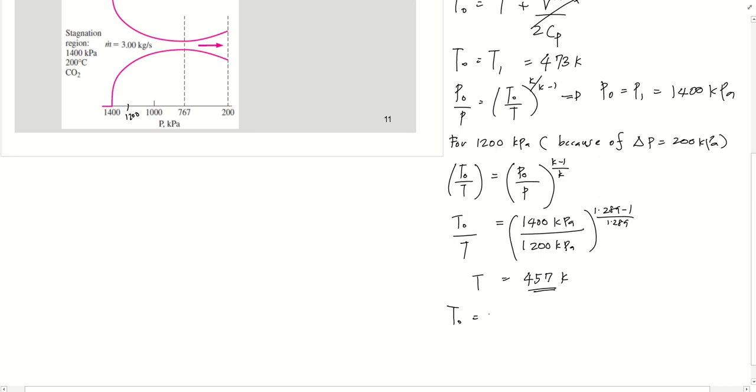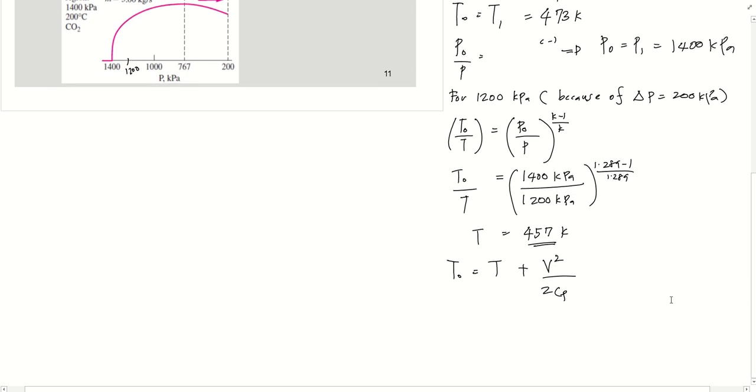T0, the stagnation temperature, equals static temperature plus dynamic temperature, which is V squared over 2 Cp. Based on this equation we can find velocity.